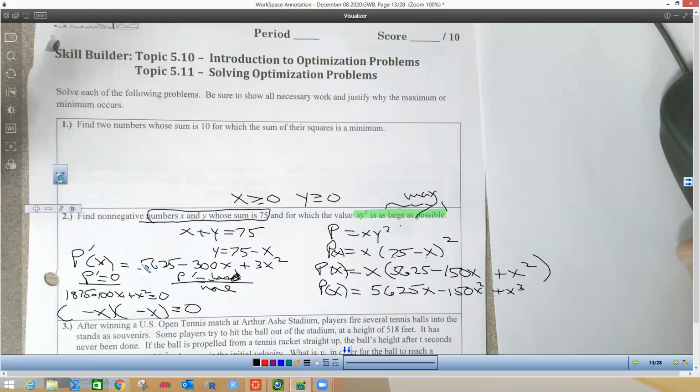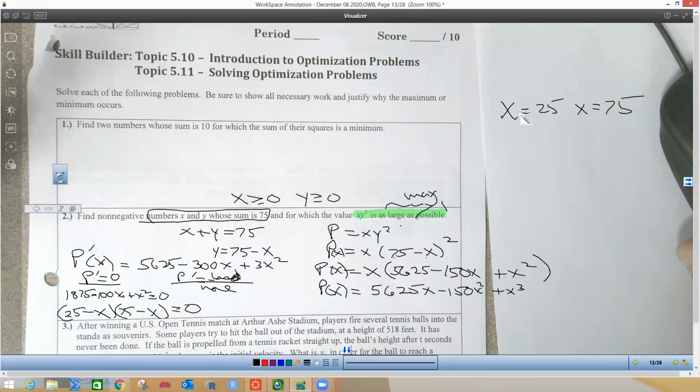So that's a difference of, oh, there we go. So 25 and 75 are factors of 1875 that if I check the middle two, gives me a negative 100. So what that means is x can equal 25 or x can equal 75.